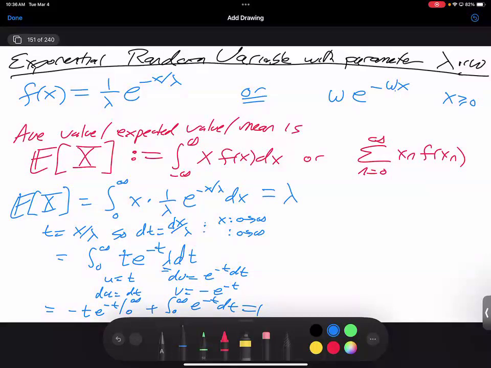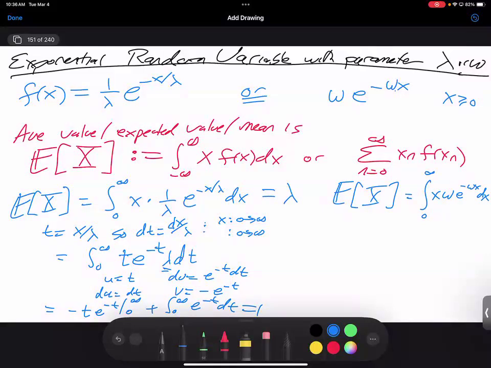If I were to do the other way, if I were to do the expected value of the other one, I would be integrating from 0 to infinity of x omega e to the minus omega x dx. What do you think that integral would be when the dust settles?